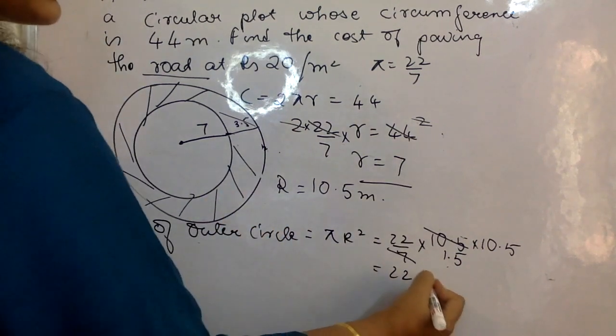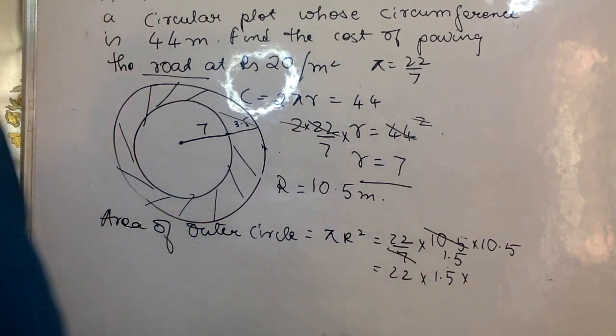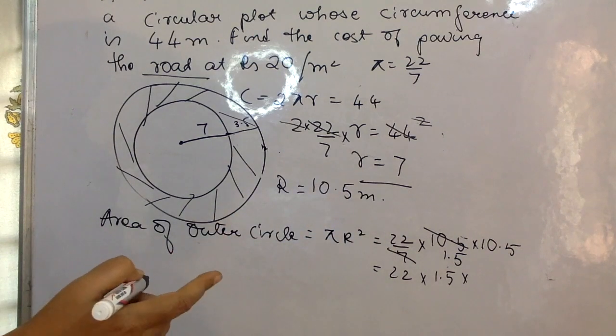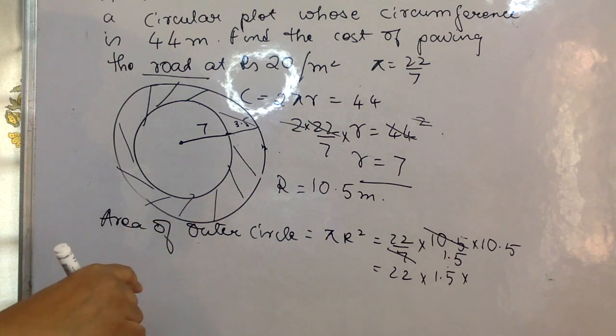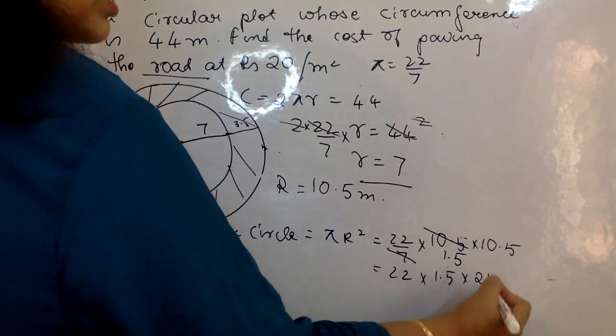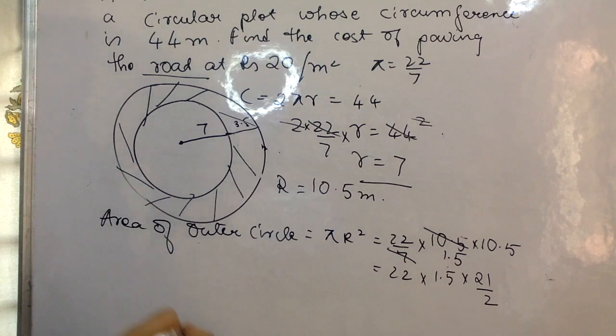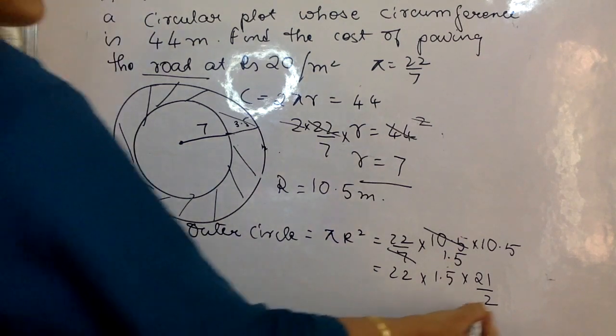What I'll do is, this is 1.5 and that 10.5 can be written as 21 by 2, right? 21 by 2 can be written for 10.5 because 20 by 2 is 10. So 21 by 2. Okay, because sometimes it's easier to multiply with fractions.